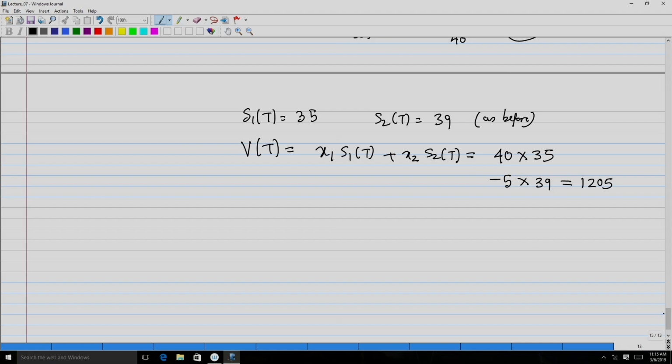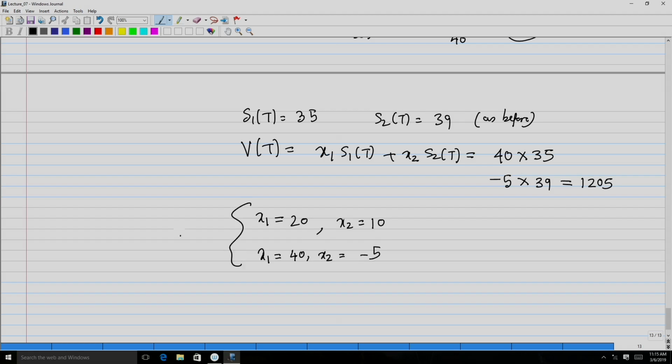So, you see the interesting thing is that earlier you chose your x1 to be equal to 20 and x2 equal to 10, and now you are choosing x1 equal to 40 and x2 equal to minus 5.